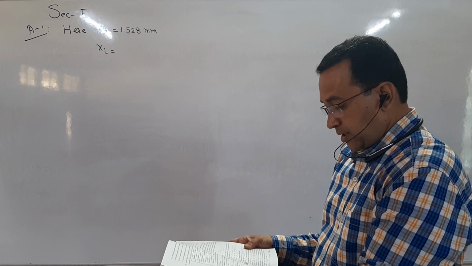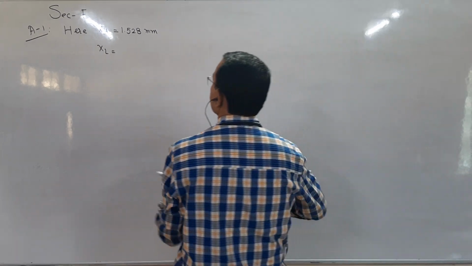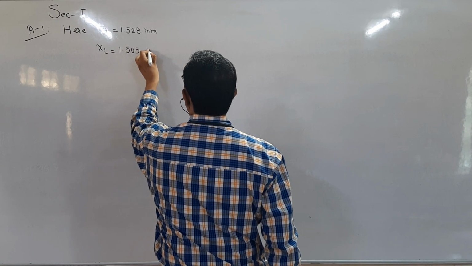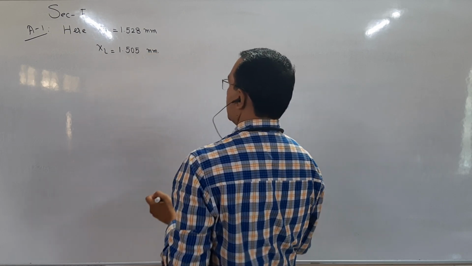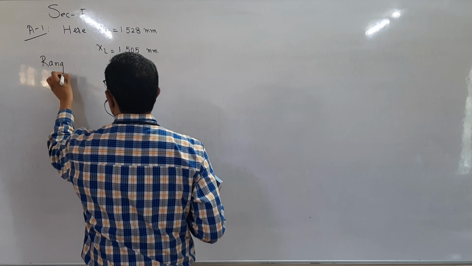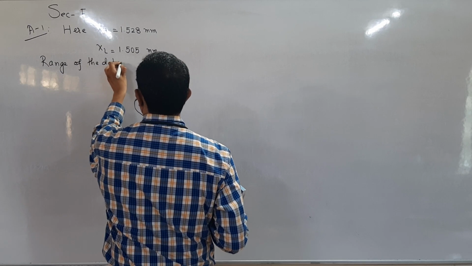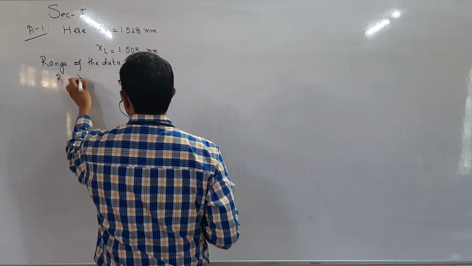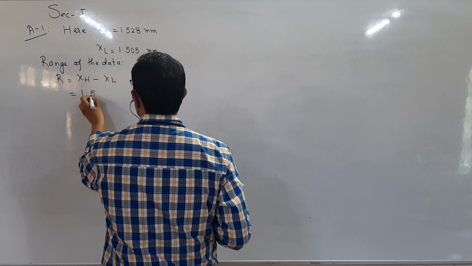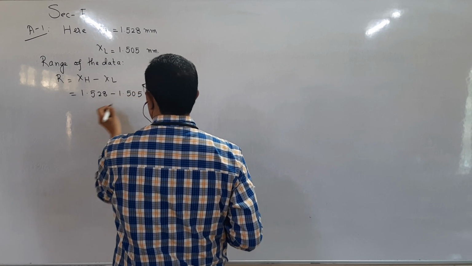So 1.505 millimeter is the lowest. The range of the data, R, is equal to XH minus XL, 1.528 minus 1.505.